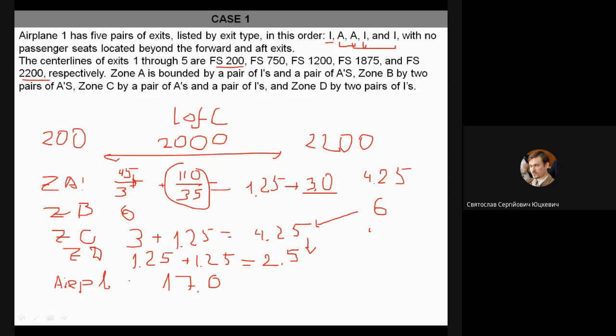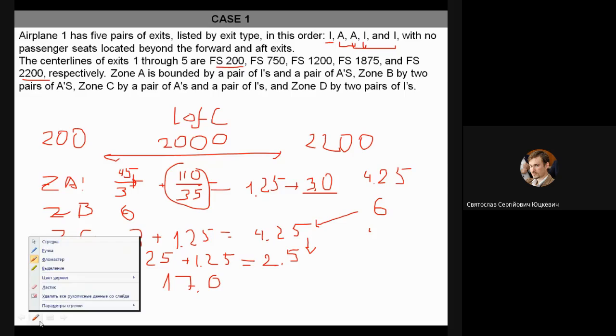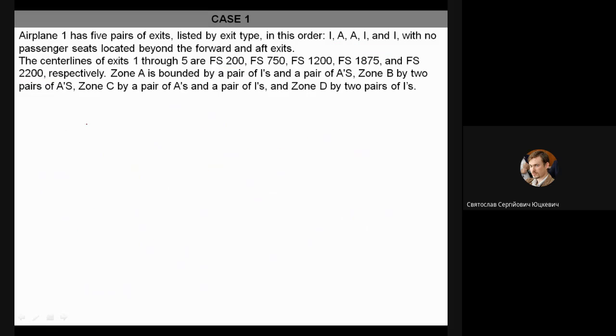Next step, we will determine the fuselage length factor. The fuselage length factor will be determined from the length of the passenger cabin.